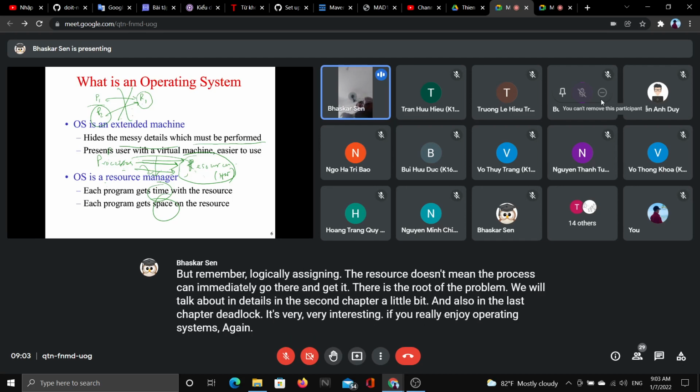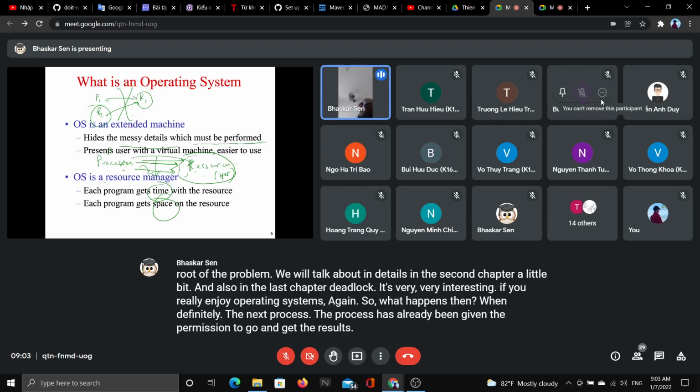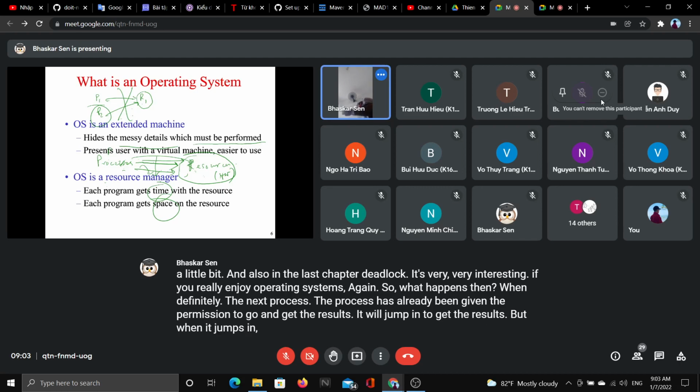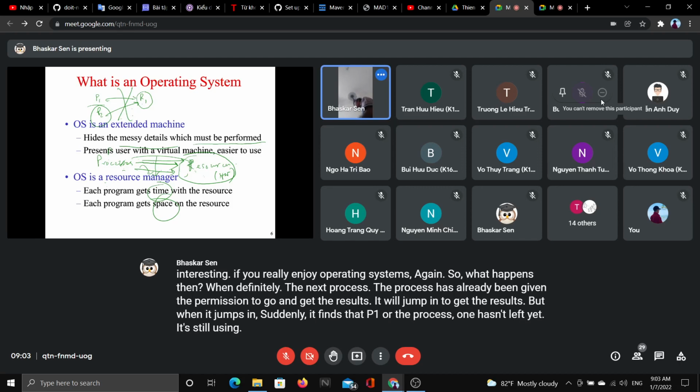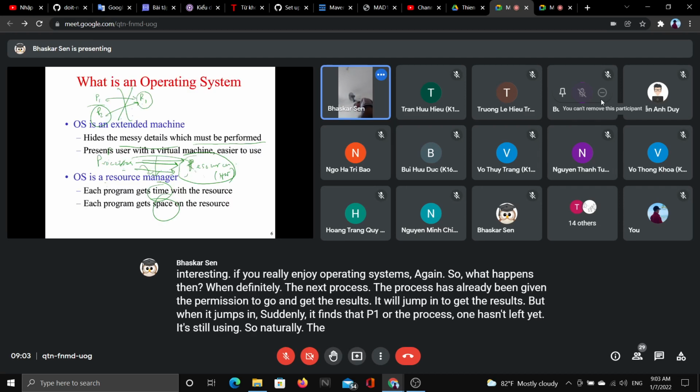So what happens then, when the process has already been given the permission to go and get the resource, it will jump in to get the resource. But when it jumps in, suddenly it finds that P1, or process 1, hasn't left it yet. It's still using it. So naturally, there will be a deadlock.